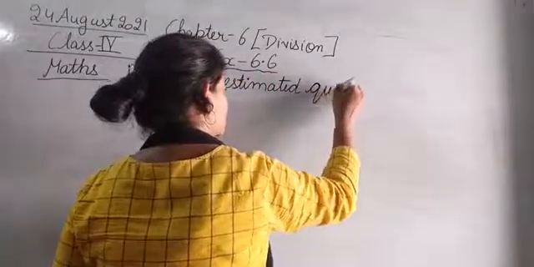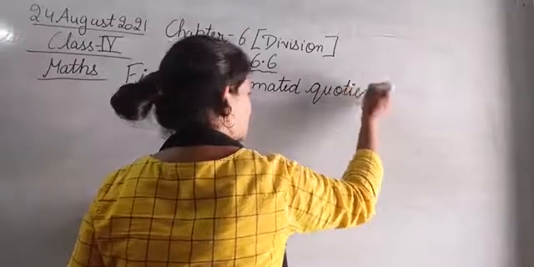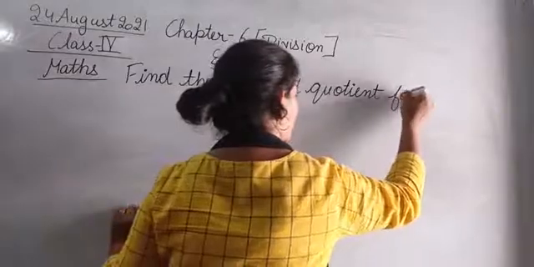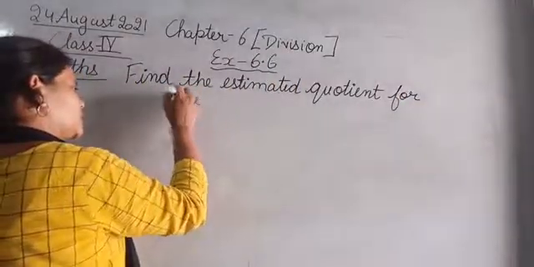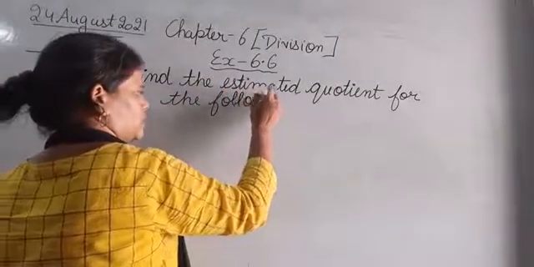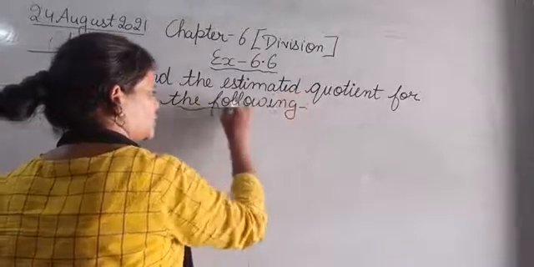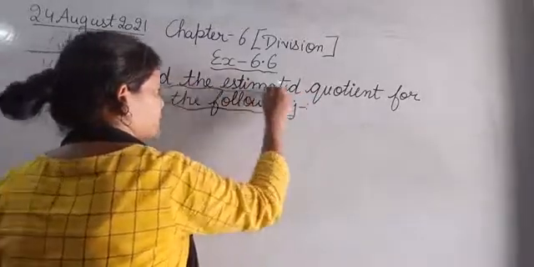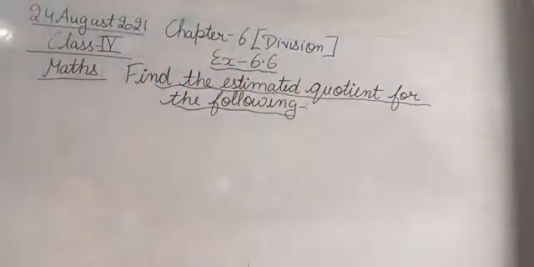Find the estimated quotient for the following. So we have to find the estimated quotient for the given division sums.